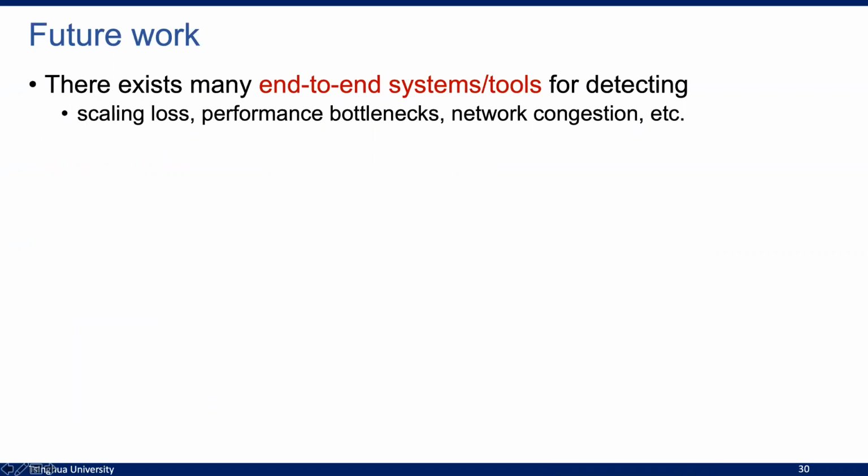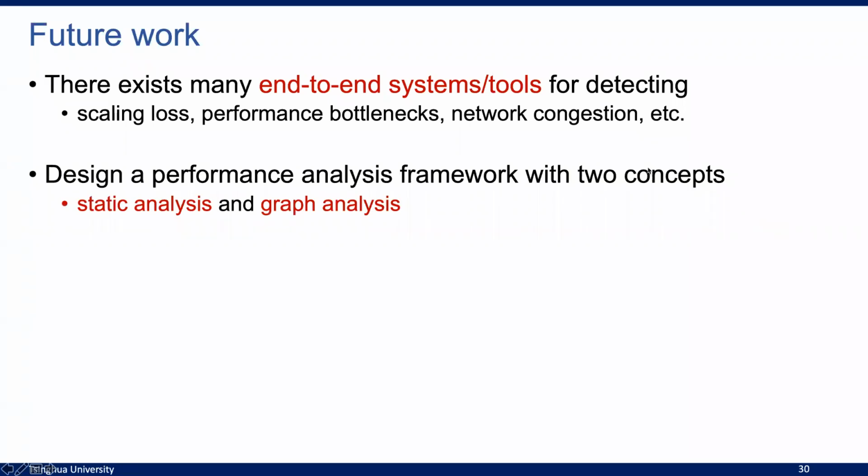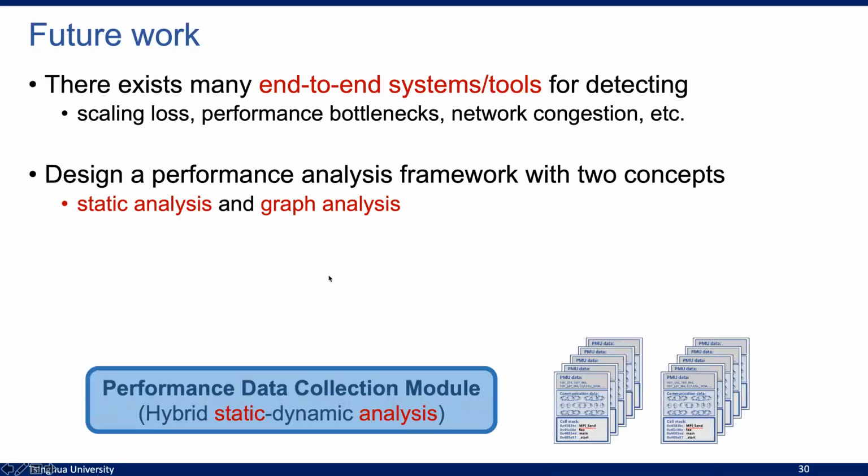We find that there exist many end-to-end systems or tools for detecting scaling loss, performance bottlenecks, or network congestion. We want to design a performance analysis framework with these two concepts, static analysis and graph analysis.